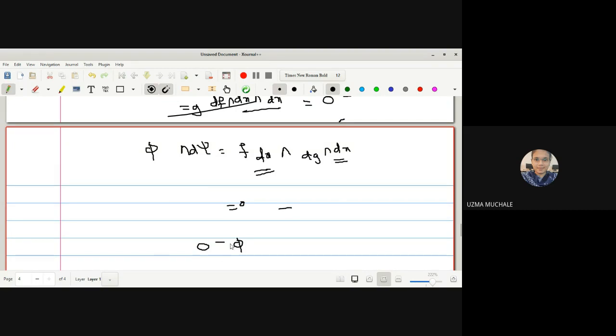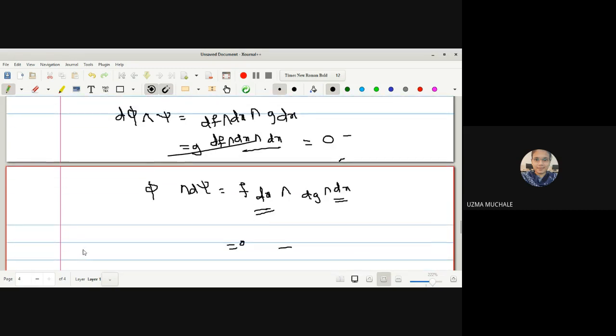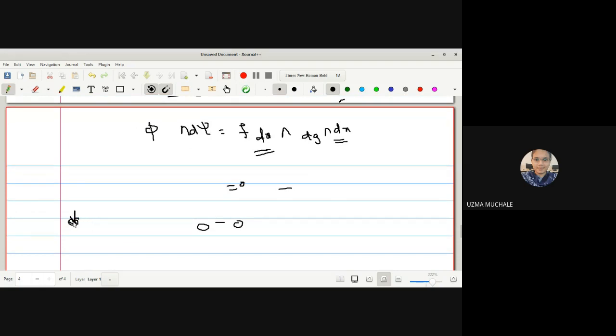Because what we have to evaluate is d phi wedge product with psi minus phi wedge product with d psi, which is equal to 0 minus 0, that is 0. This is equation 2.